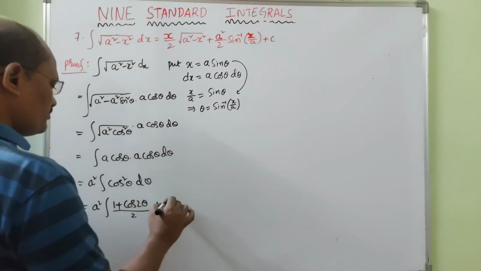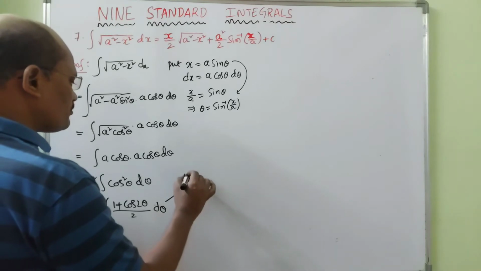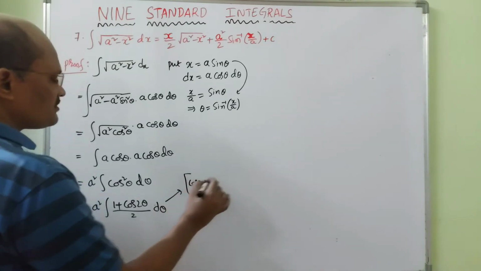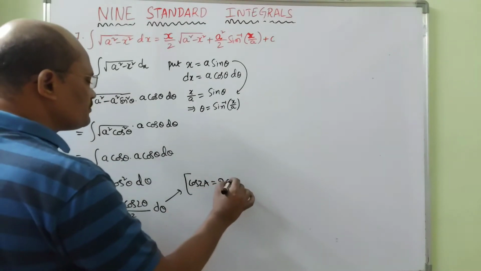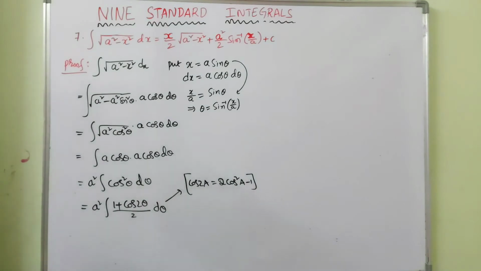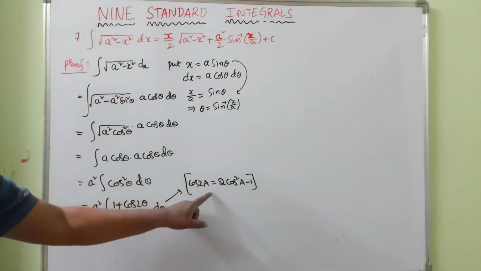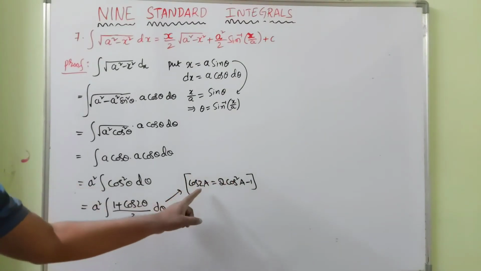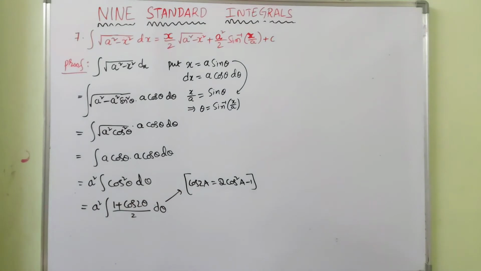This formula came from trigonometry using the formula cos 2a is equal to 2 cos square a minus 1. This is the formula we have in trigonometry. By this formula we can write cos square a as 1 plus cos 2a by 2.